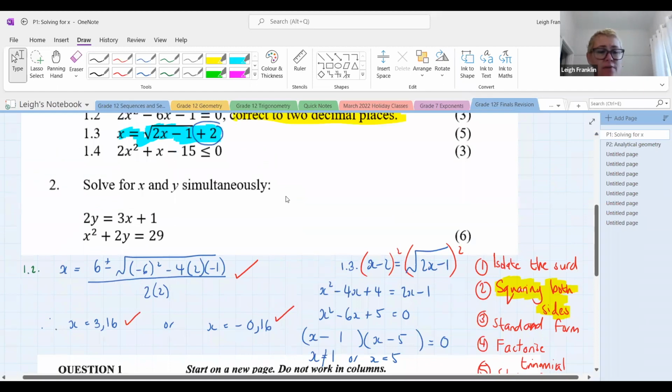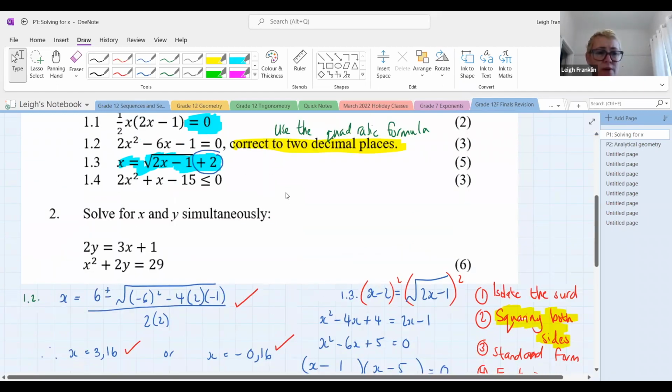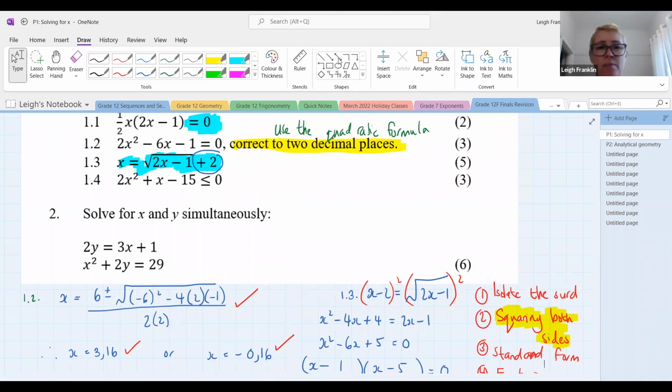So does 5 equal root 2 times 5 minus 1, and then remember to add the 2. So go and have a look. Because it's possible, very unusual circumstances, but it still can happen that both roots are not valid.